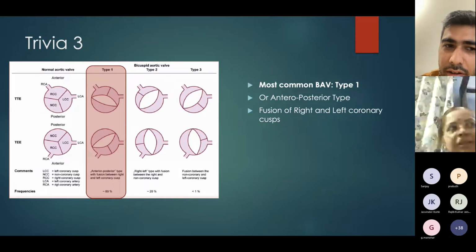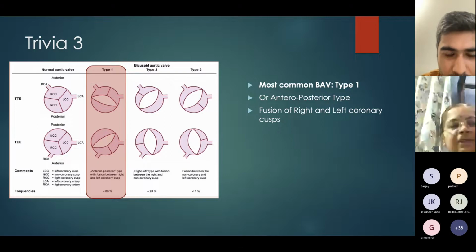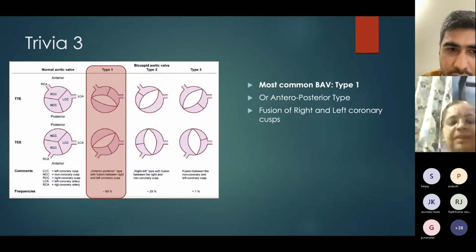So when we are trying to diagnose, we have to diagnose it in diastole, when the valve is open, because the raphe will look like a normal valve in systolic examination. And there are types of aortic root dilatation. In a few types, the calcification is more common. Calcific aortic stenosis is more common with the fused version of bicuspid aortic valve. Non-fused versions have less common pathologies.